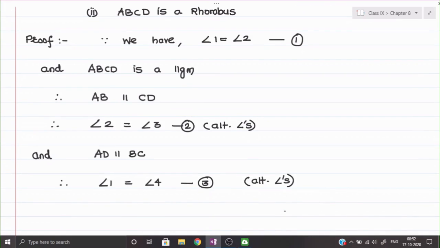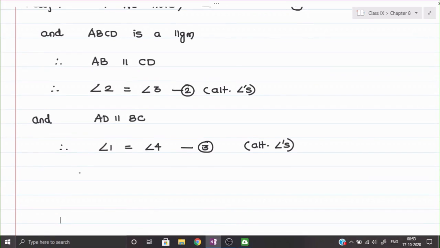Observe, angle 1 and angle 2 are equal. So we can say that the left hand side of equation number 2 and equation number 3 will be the same. And we know that if any two equations' left hand sides are equal, then the right hand side will also be equal. So what is the right hand side of equations 2 and 3? Angle 3 and angle 4. So we can say that angle 3 and angle 4 are also equal.